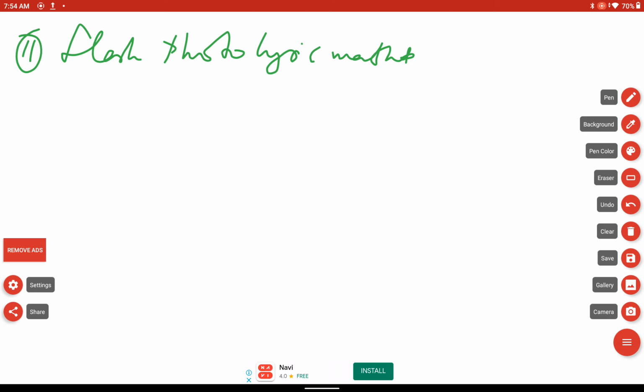Flash that can have energy of a few hundreds, or we can say energy of the order of 10 raised to 5 joule, for a time duration of 10 microseconds.